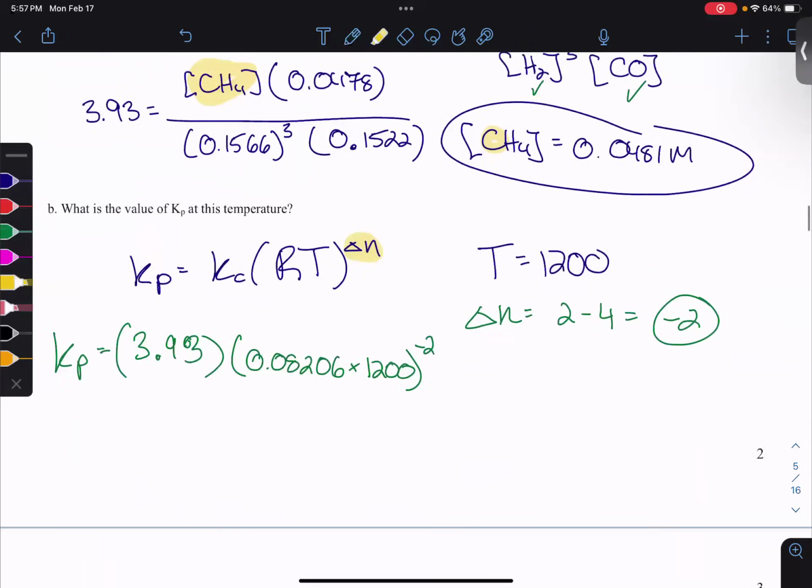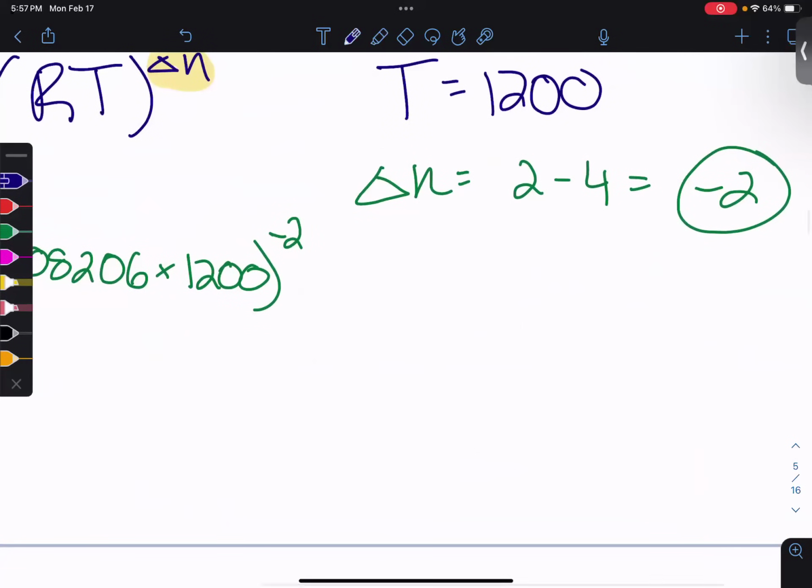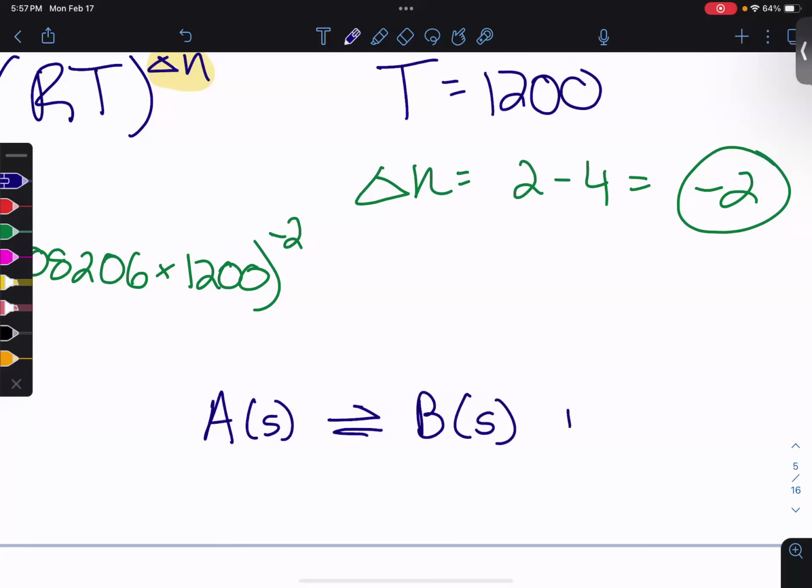And also, if there are solids involved, so if I had something like this, A solid goes to B solid plus C gas. Okay, what's delta N here? It is 1. Why is it 1?